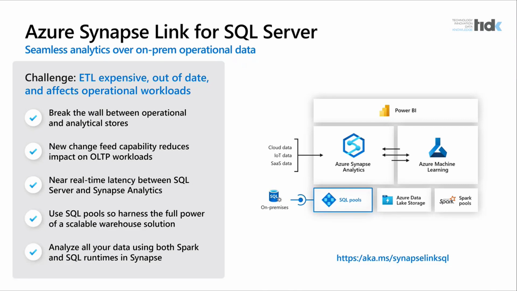So we want to minimize the time from bringing the data to creating the analytics over this data, and this is why this connection was invented. I will show you how to create it, and you will be able to assess whether there is a business case or scenario where you can use this solution.